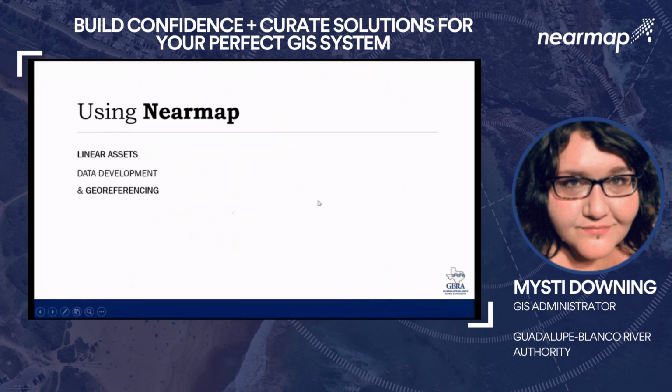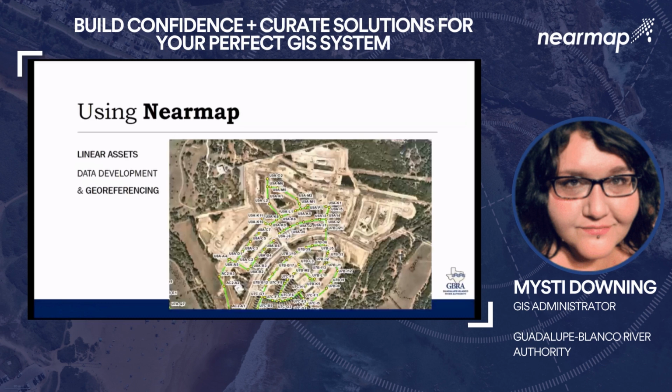So I'm going to go over some specific examples of using Nearmap. I tried to think of as many as I could, and I had engineering and operations chime in as well. One of my first tasks, there was not only not a GIS program, but there wasn't any GIS data really. So linear asset data development was one of my first tasks.